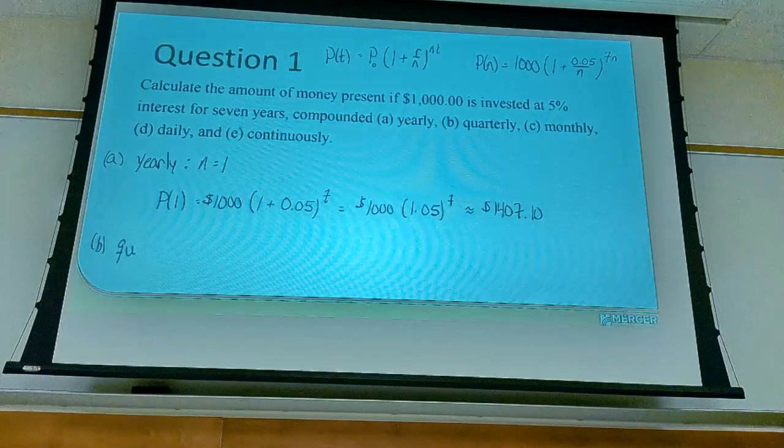Quarterly. I kind of did this one already. If it compounds quarterly, what is n? n would be 4. Now you have 4 compounds in a year. What we're looking for is P of 4.